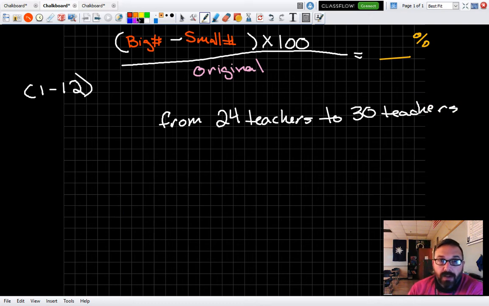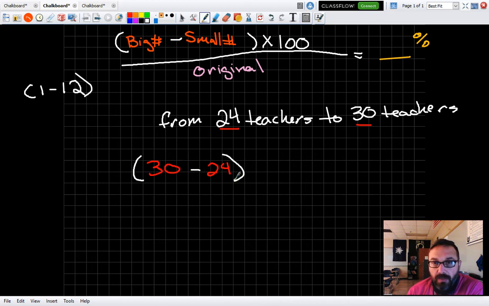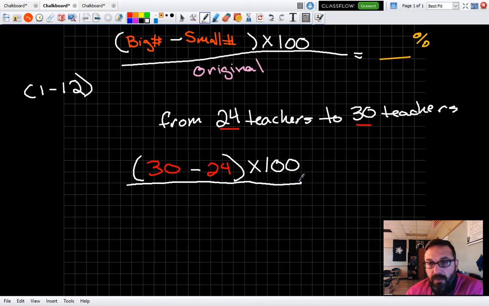So we are literally going to look, big number minus small number. 24 to 30, which one's the big number? 30 is the big number. 24 is the small number. Now I'm going to write the rest of my formula around it, over the original number. Well, what was it originally? It was originally 24. So I'm going to put 24 on the bottom.